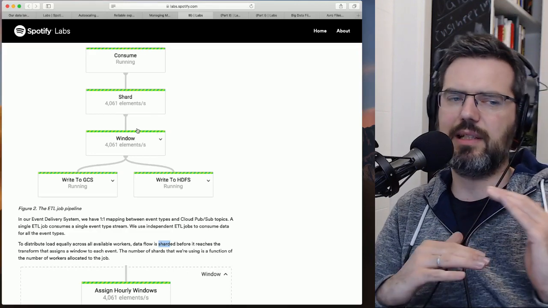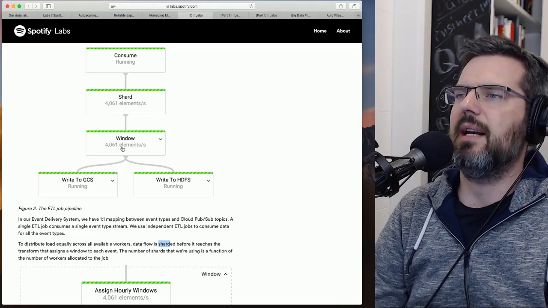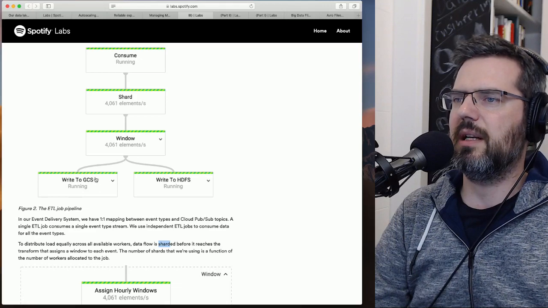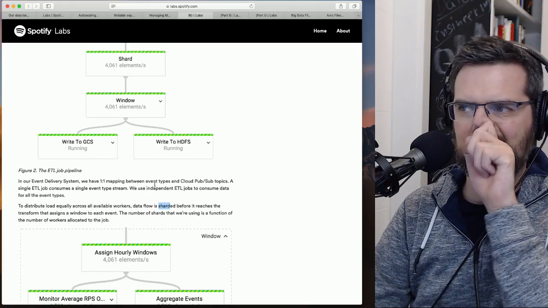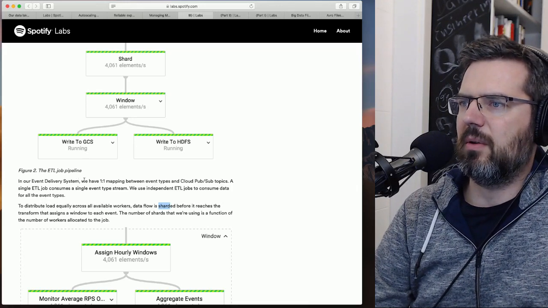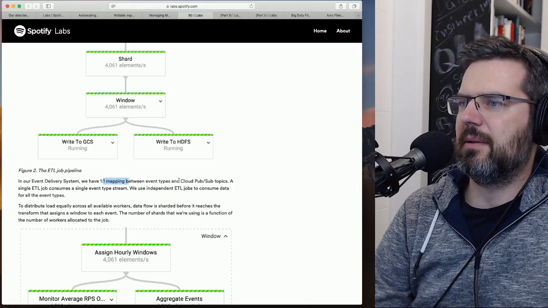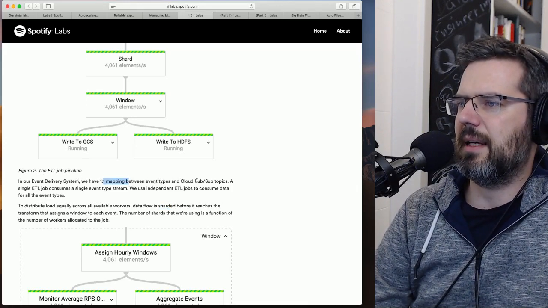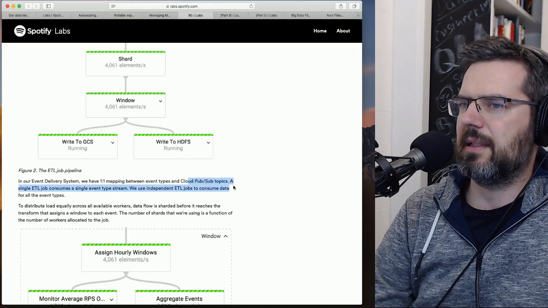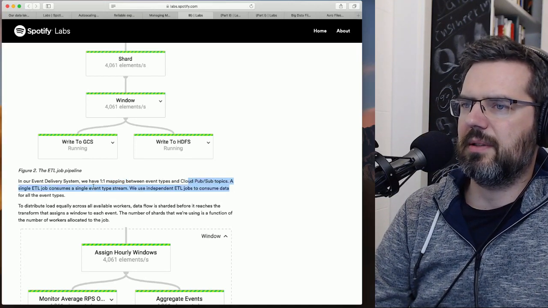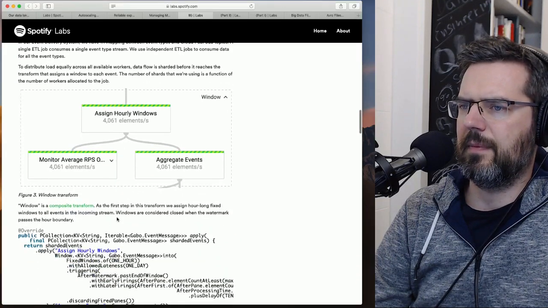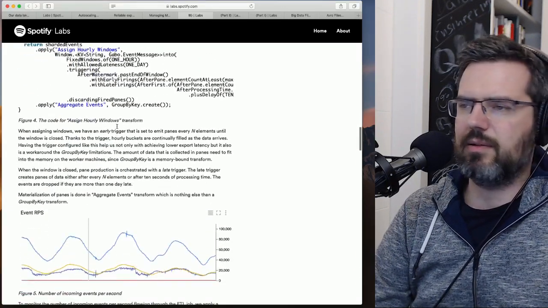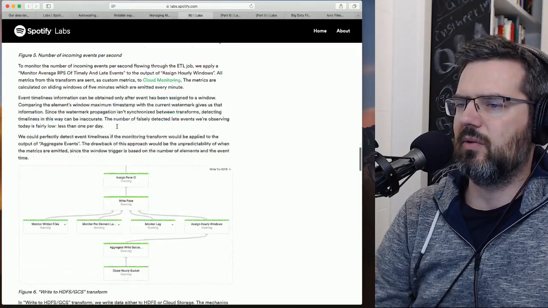They are still keeping the hourly windows, and those are then published to Google Cloud and written to HDFS. We have one mapping between event types and cloud PubSub topics. Single HL jobs consumes a single event type. Okay. They have already also code here.